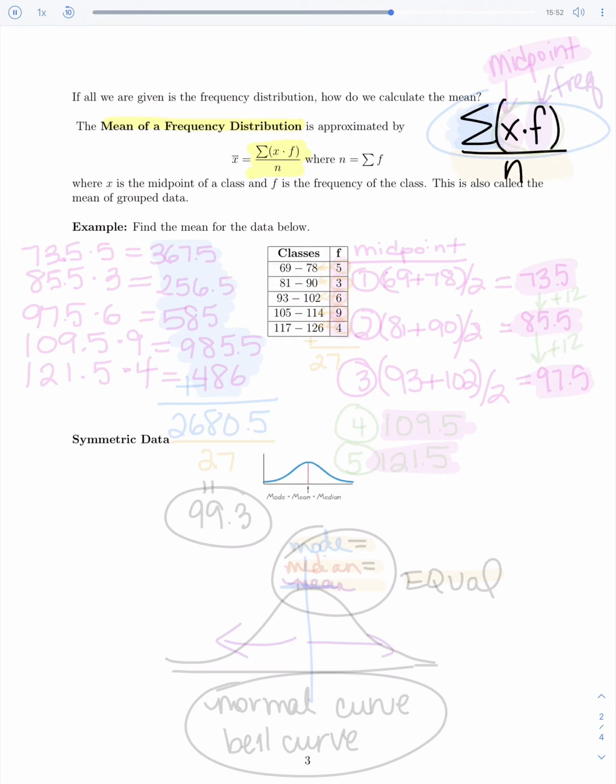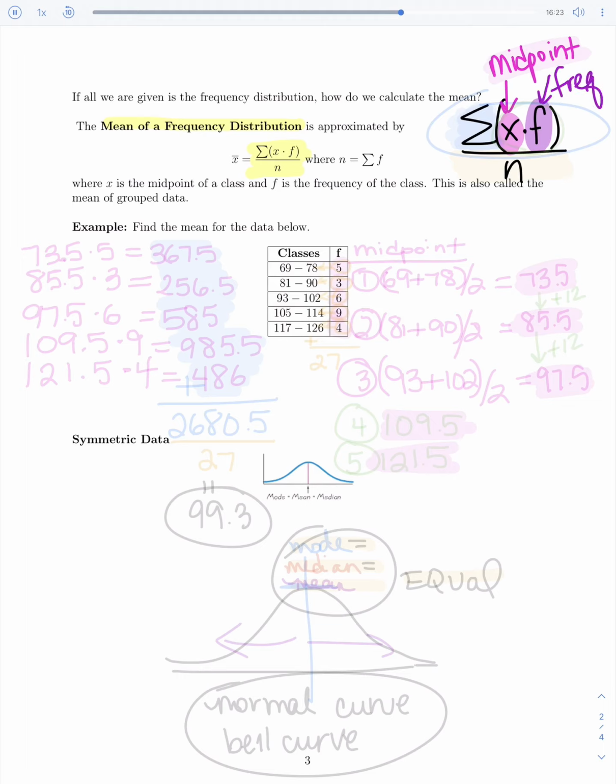Well, the first thing says that you want to take a number from each one of the classes and multiply it by its frequency. Well, when we have a class and we need a number to represent a whole class, when we need one number, we always use the midpoint. So what this formula is saying is take each midpoint and multiply it by its frequency.